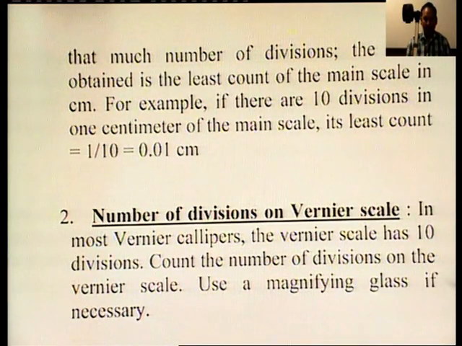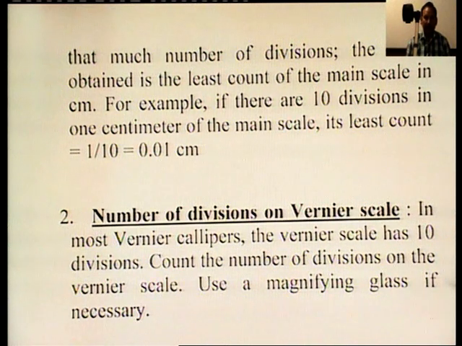The value obtained is the least count of the main scale in centimeters. For example, if there are 10 divisions in 1 centimeter of the main scale, its least count is 1 divided by 10, which is equal to 0.01 centimeters.